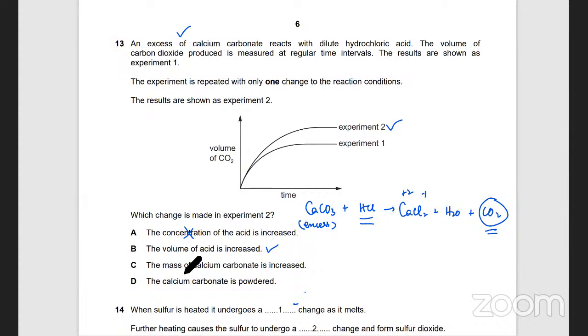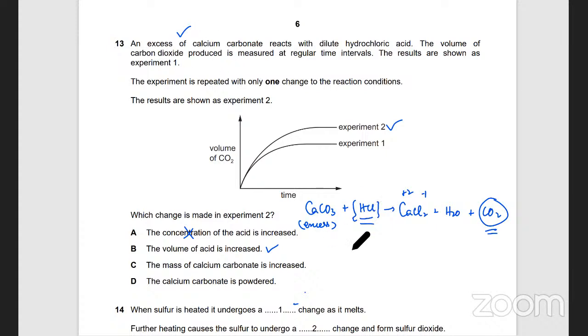It can't be C. Why? Both B and C are similar, but it can't be C because HCl is the limiting reagent, right? The HCl quantity is low. That's why not all of the calcium carbonate can react. So even if you add more calcium carbonate, it will still not react and produce carbon dioxide, because the HCl is what's limiting it.